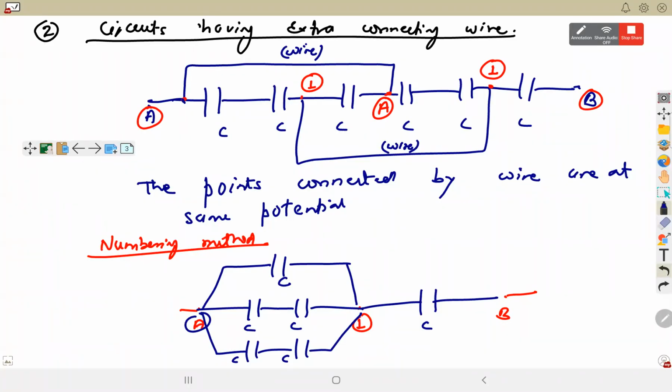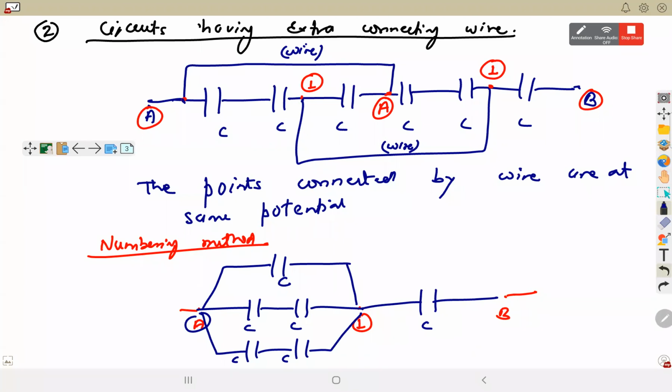Since they are at the same potential, they can be considered as the same point for the circuit. If they are considered the same point for the circuit, they can be given the same number. Yes, sir. Now take A and B as the end points and one in between, and then redraw the circuit.